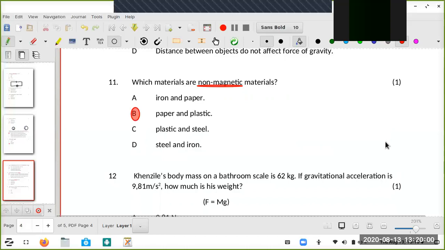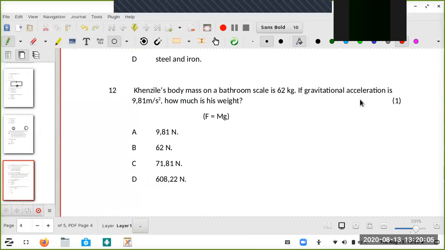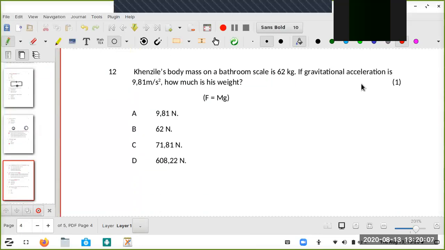Number 12. Kenzile board's mass on a bathroom scale is 62 kgs. If gravitational acceleration is 9.81 meters per square second, how much is his weight, right? Remember, weight in this case is force, right?